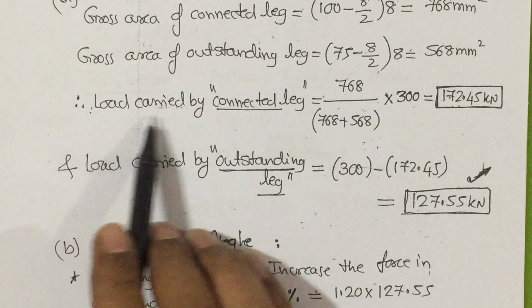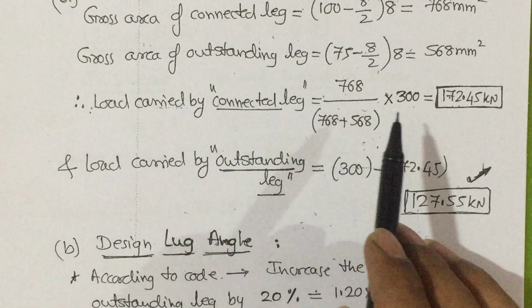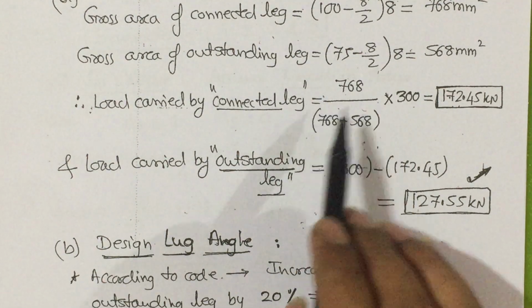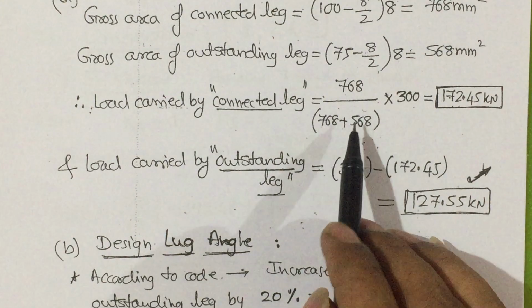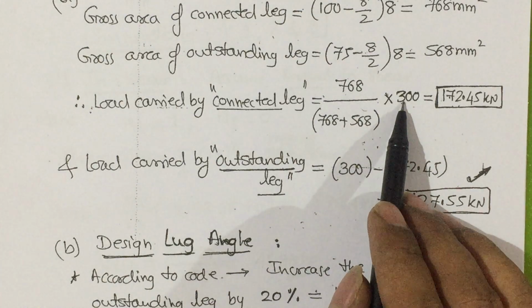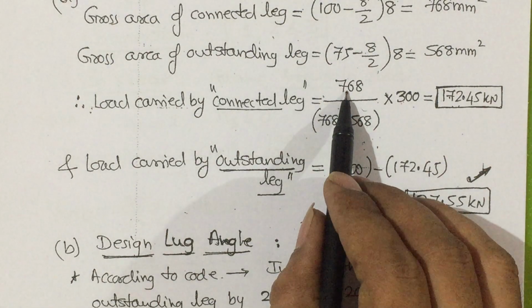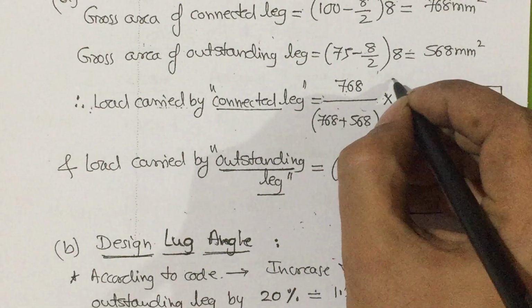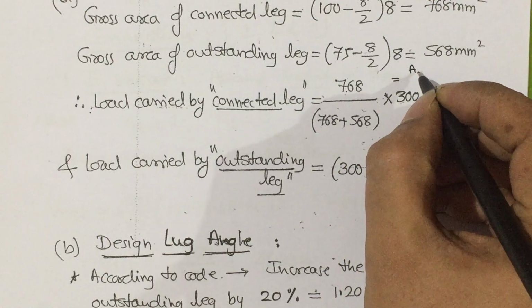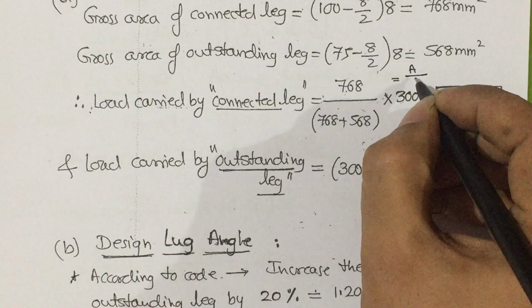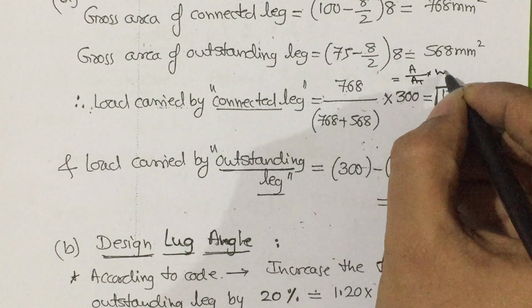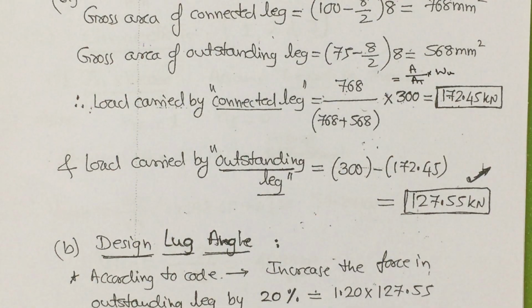Then load carried by connected leg is given by area of the connected leg divided by total area of all the legs, multiplied by the factored load, that is ultimate load. So, you are going to get 172.45 kilonewton.